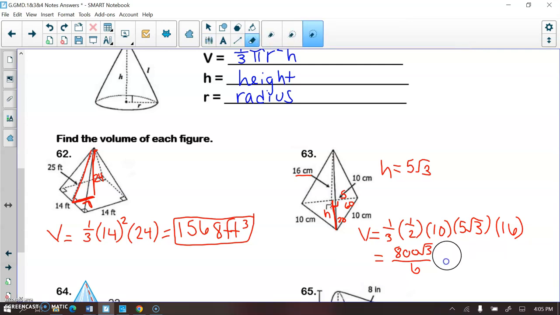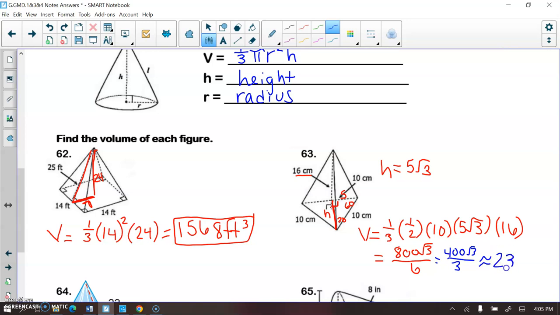So that's 400 root 3 over 3. If I asked you for the exact, you would leave it as 400 root 3 over 3. But if I asked you for a rounded version, you would type that into your calculator to get 230.94 centimeters cubed.